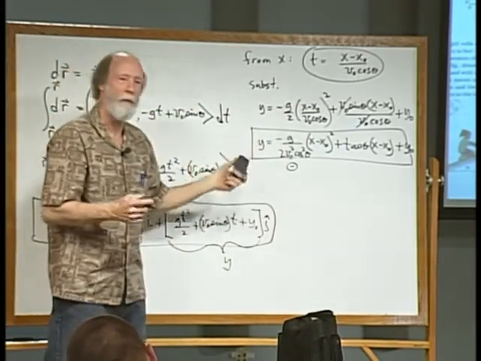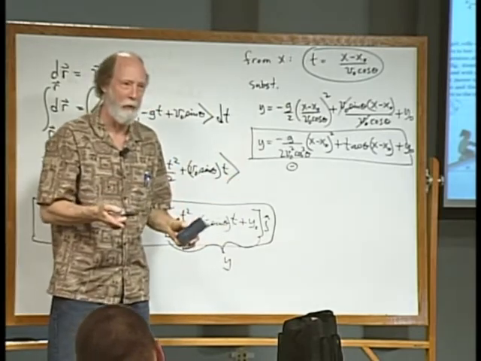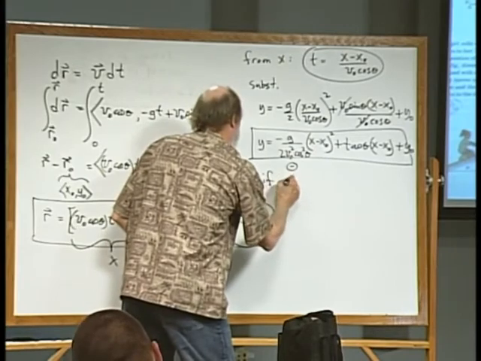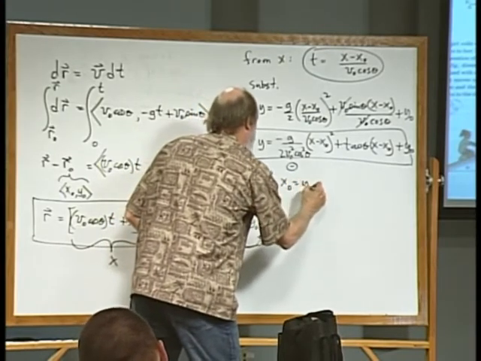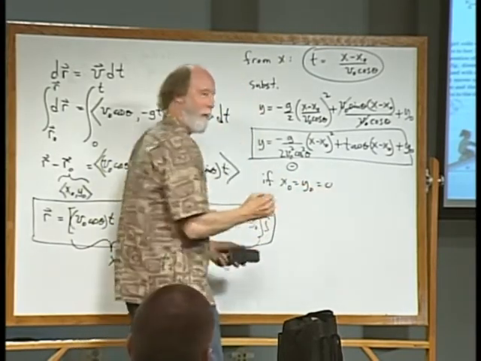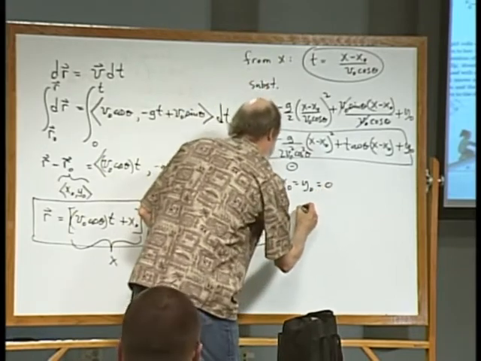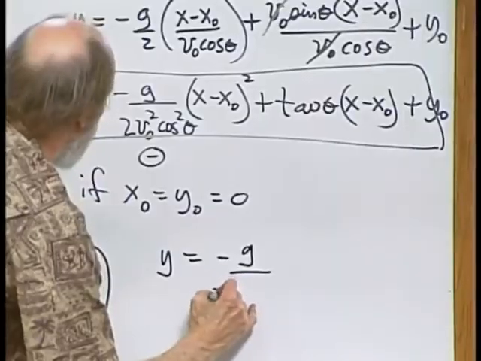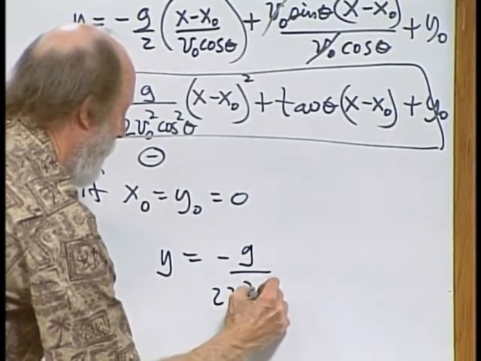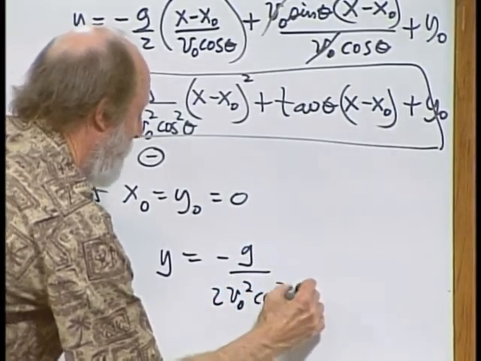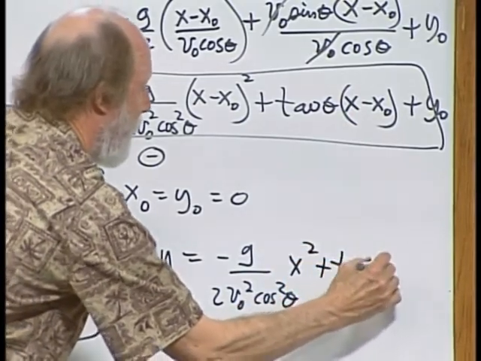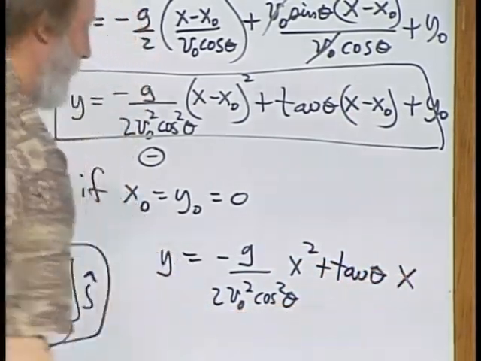Now, oftentimes, the projectile happens to be at the origin, doesn't it? So if x naught equals y naught equals 0, positioned at the origin, then your flight path is going to be simply minus g over 2 v naught squared cosine squared theta x squared plus tan theta x.